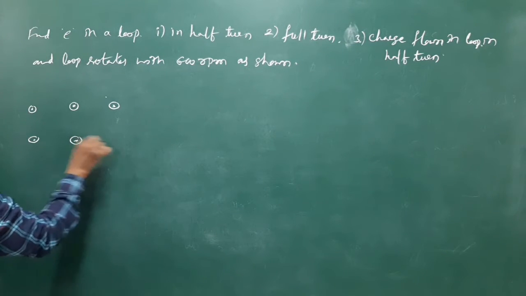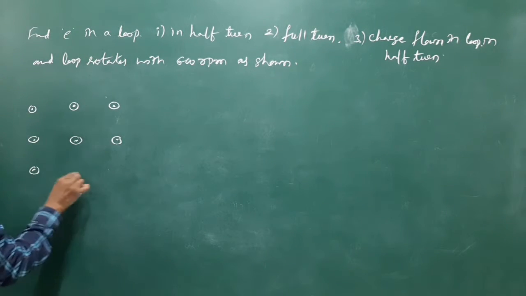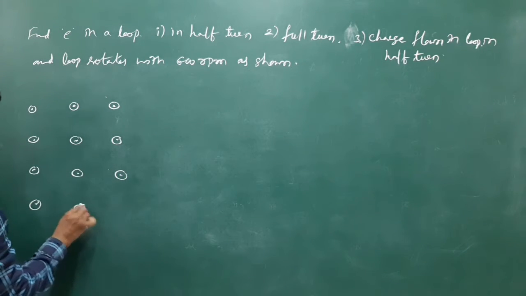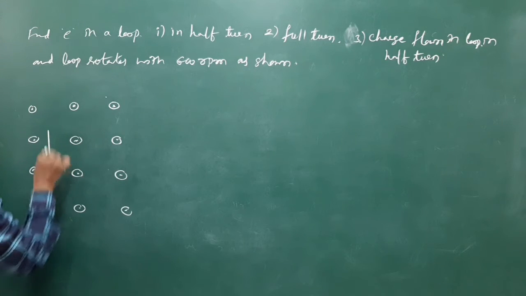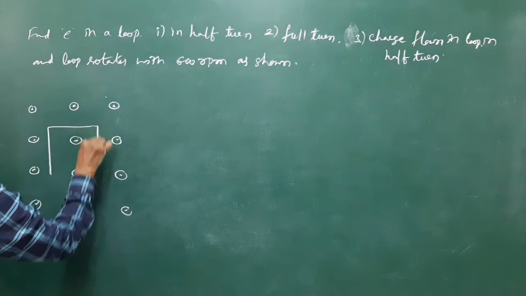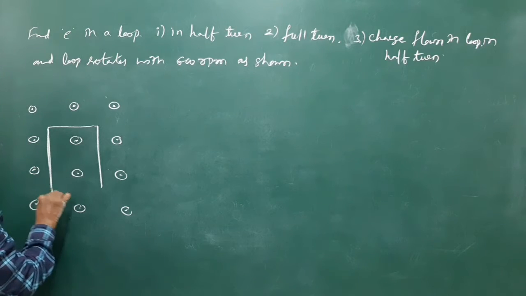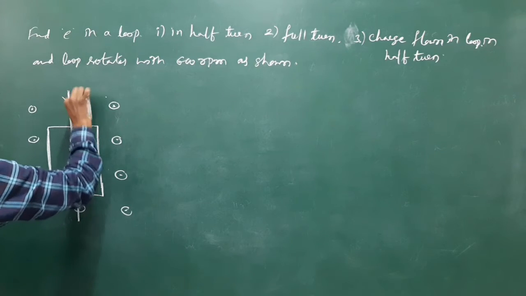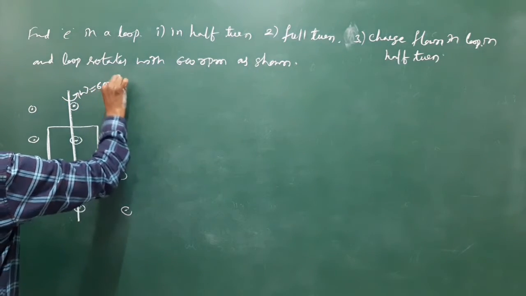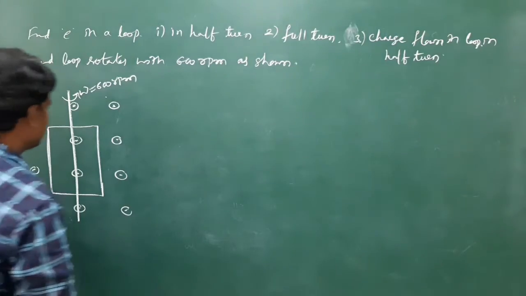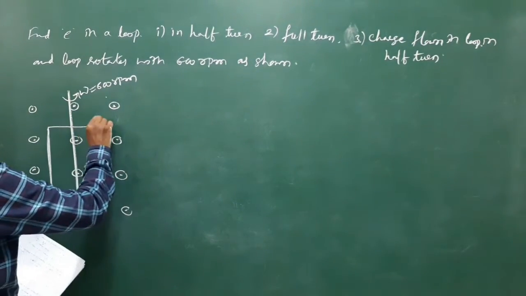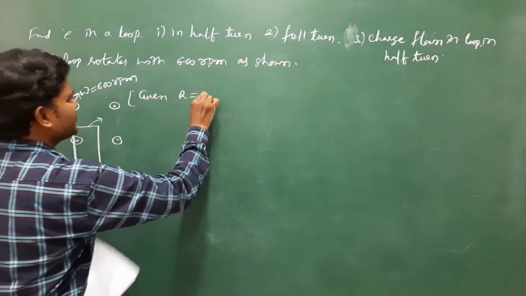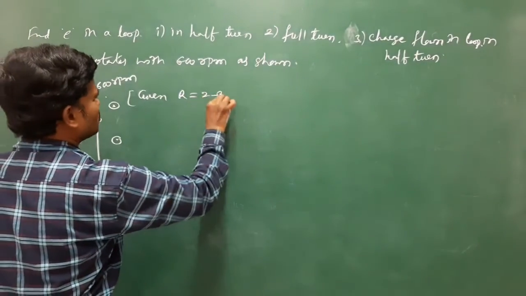Omega is given as 600 RPM, revolutions per minute, and loop resistance. So the given quantities I am writing here. Loop resistance is given as 2 ohm.